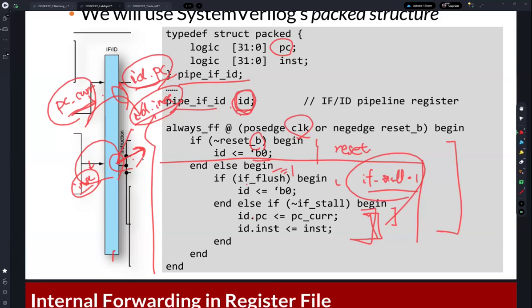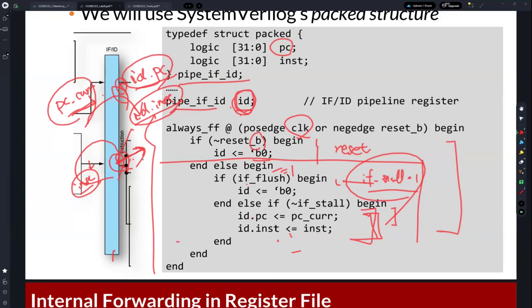If the signal values are not changed, we don't need to define this case, right? So this is the pipeline stall case. If the pipeline is stalled, then the output of these pipeline registers are maintained, right? So we don't need to define the behavior of this case, right?